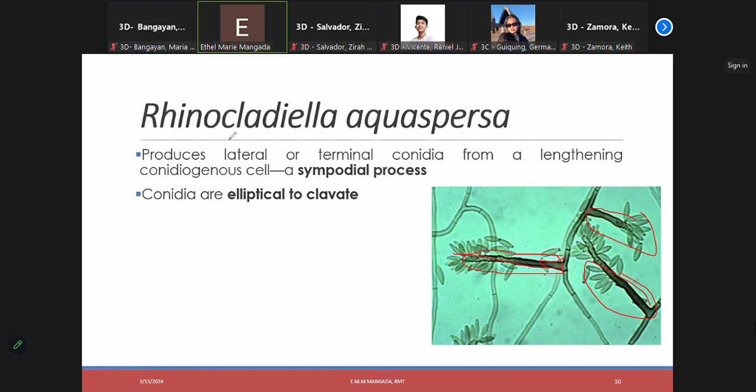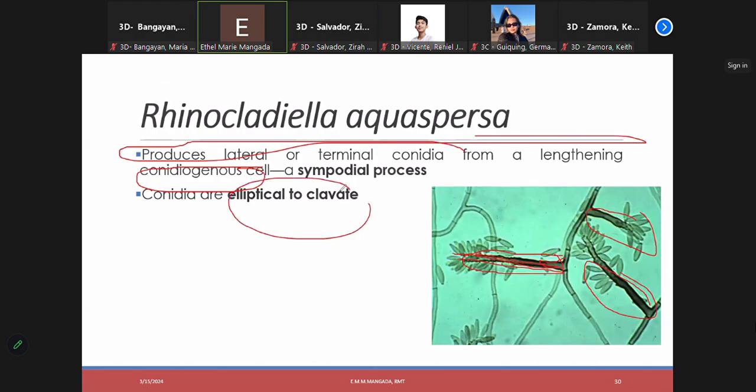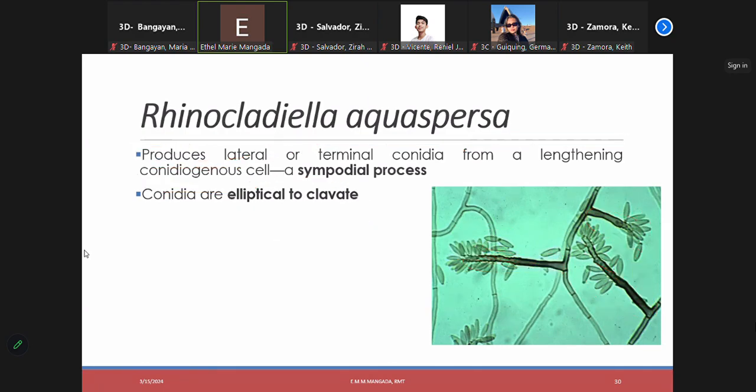So these are lateral or terminal conidia from a conidiogenous cell or your sympodial process. For your Rhinocladiella aquaspersa, the conidia are elliptical to clavate. Okay, yung itsura po nila. So you look at this, they are elliptical. So that's the Rhinocladiella aquaspersa.